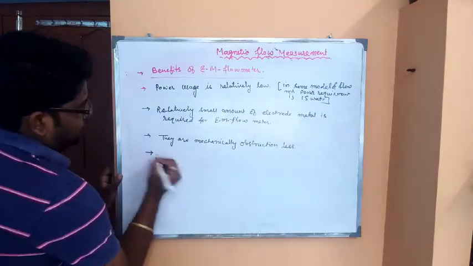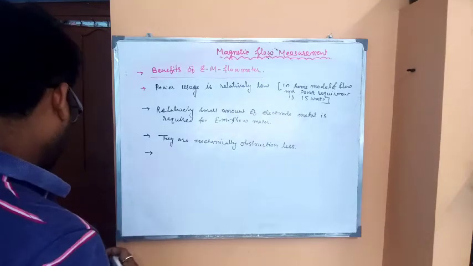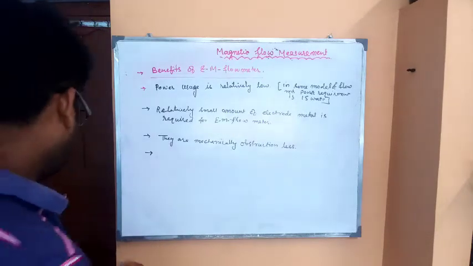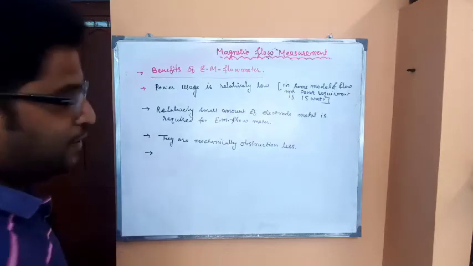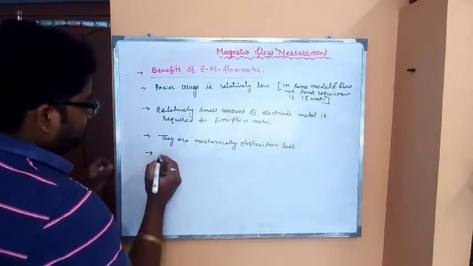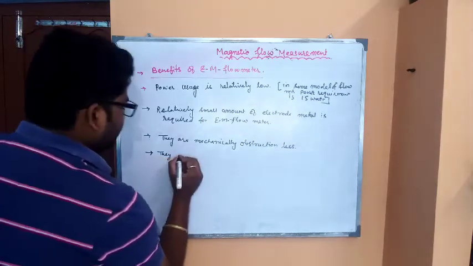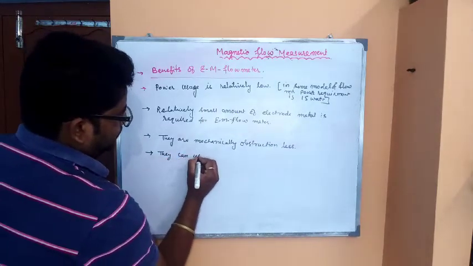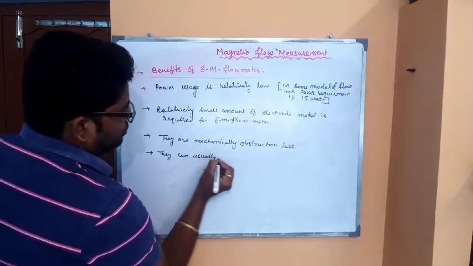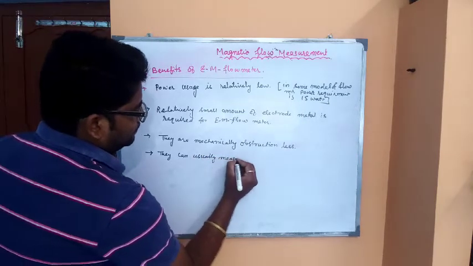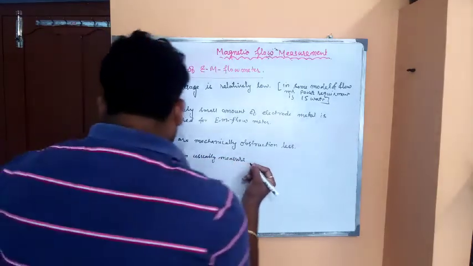And fourth point is they can usually measure multidirectional flow, either upstream or downstream.